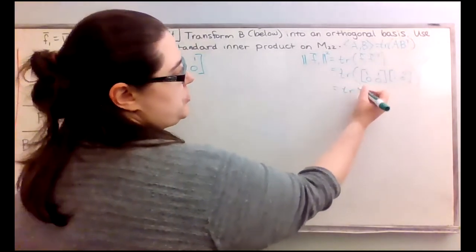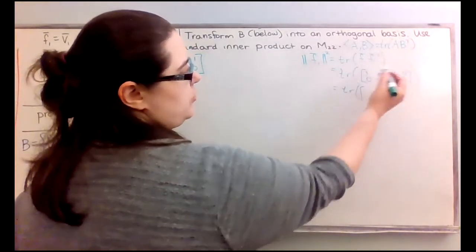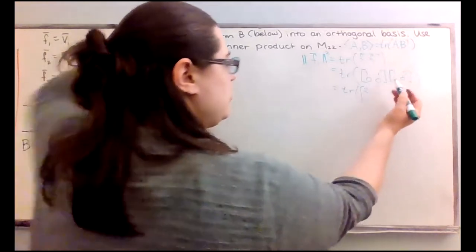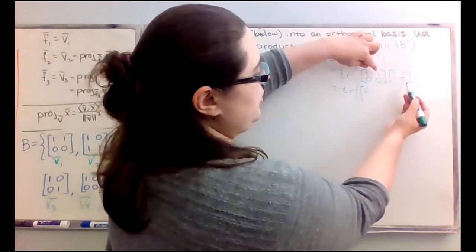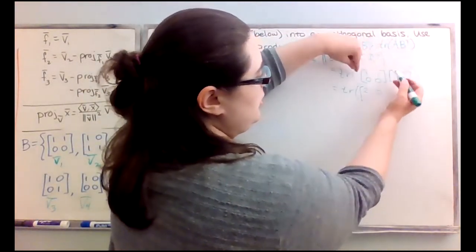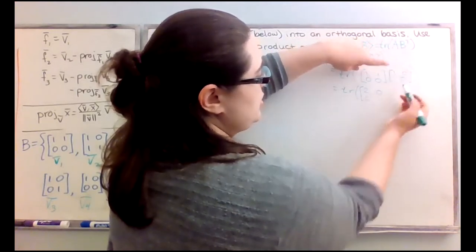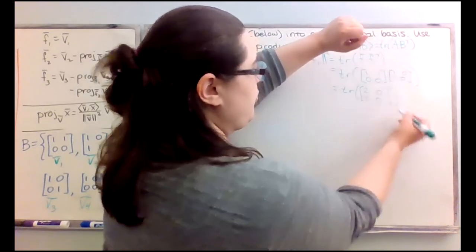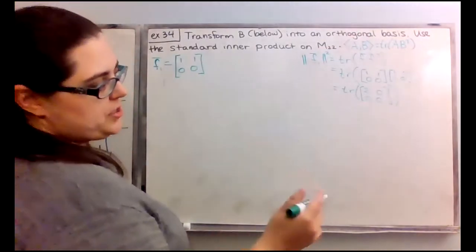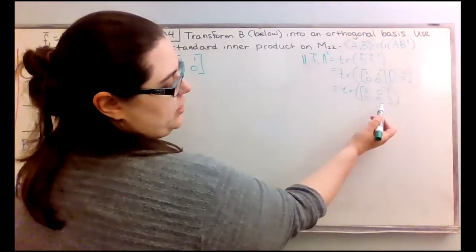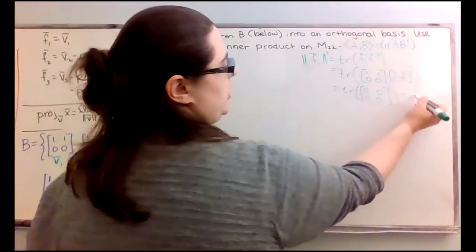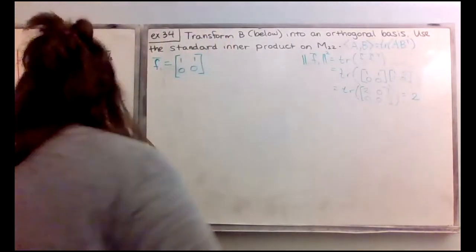So this is going to be the trace of, let's see, 1 and 1 makes 2, 0 and 0, 0, 0, 0, 0. So the trace of this matrix is the sum of the diagonal entries. So 2 plus 0 equals 2.